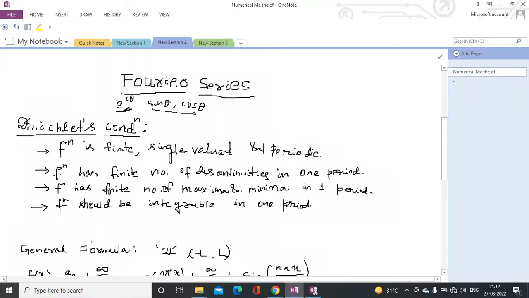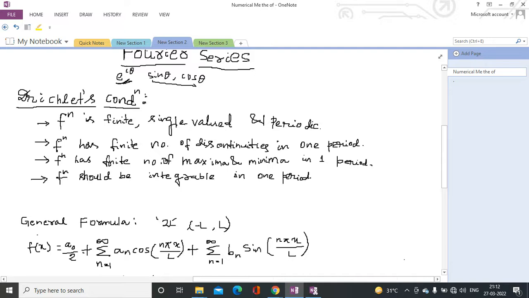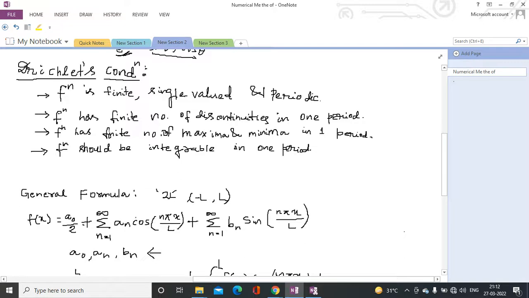Coming to the mathematical formula, we'll talk about the general formula.